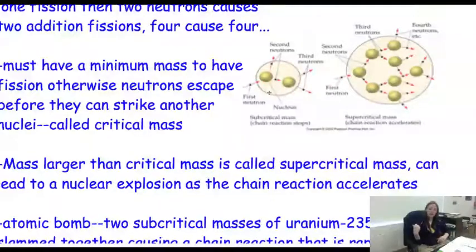The other side is what we call a supercritical mass, where you have too much and it accelerates and goes too quickly, and then you can actually have a nuclear explosion. You want the middle. You want what we call a critical mass here, the minimum mass that something has to have to be able to absorb that neutron. And then, like I said, a much larger mass will create a supercritical mass and lead to a nuclear explosion where the chain reaction goes too quickly that it just gets out of hand.